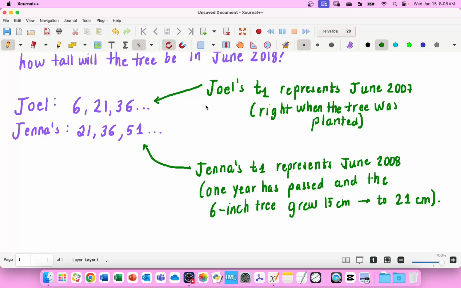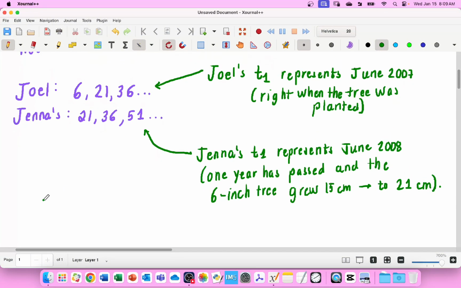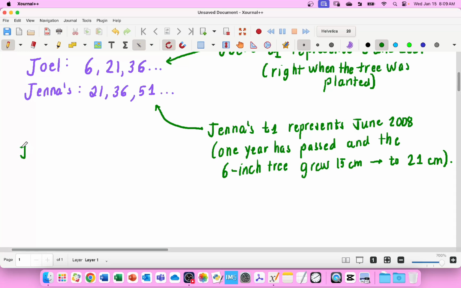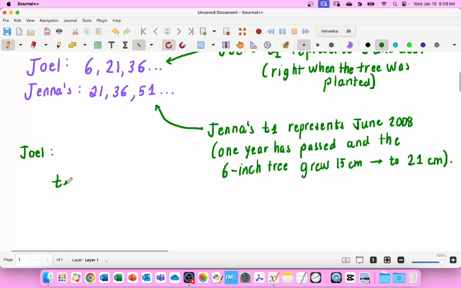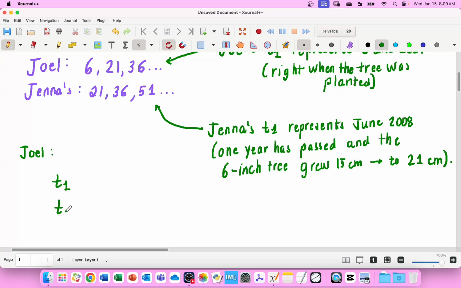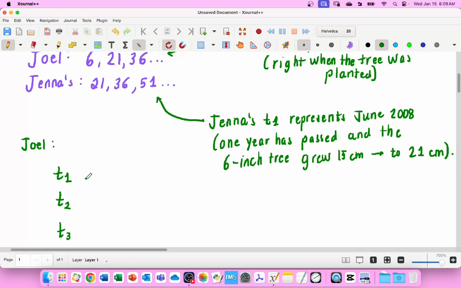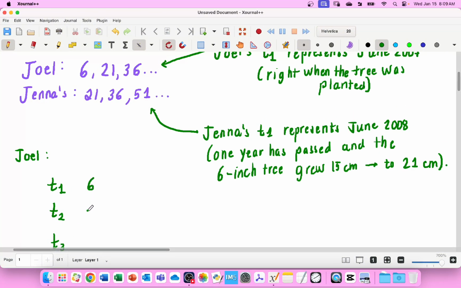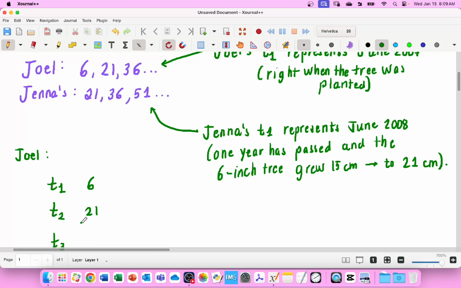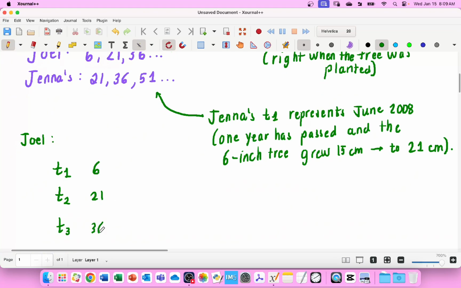I mean, if we look at Joel's approach, Joel has T1, T2, T3, and we have 6, 21, and 36.